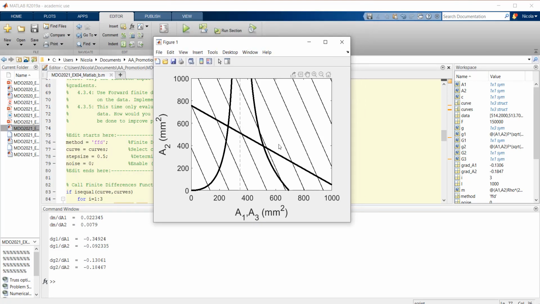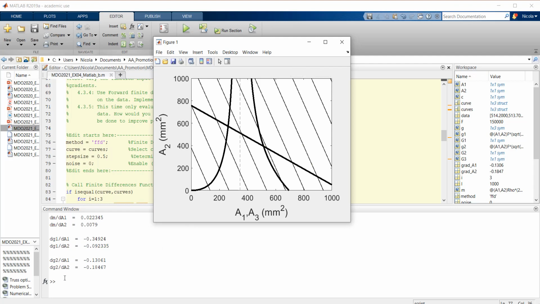So that's G2 and that's G1, and our optimal solution is here at this intersection, somewhere, and we compute the gradient of G1, G2 and also M, those iso lines here, at this point.